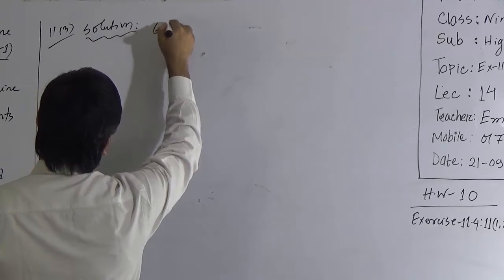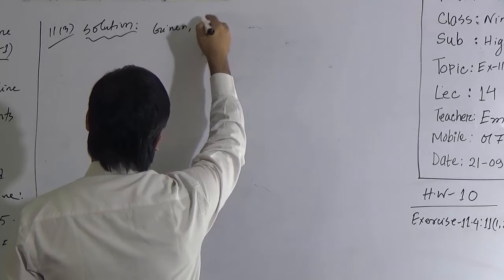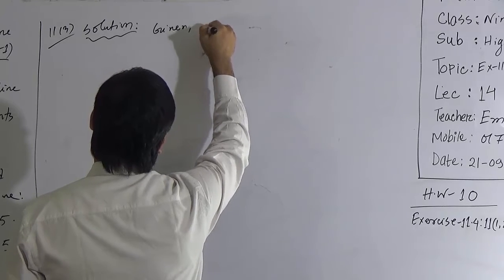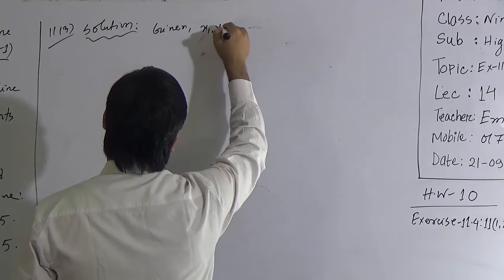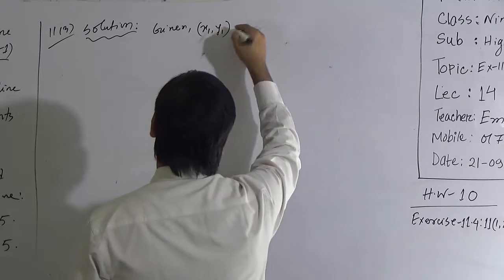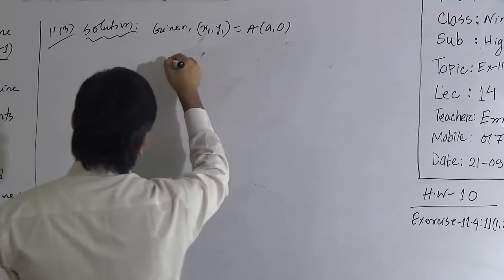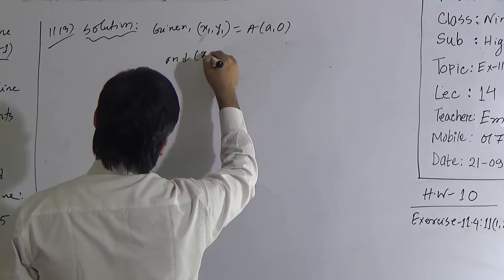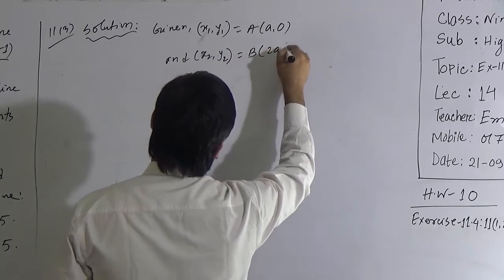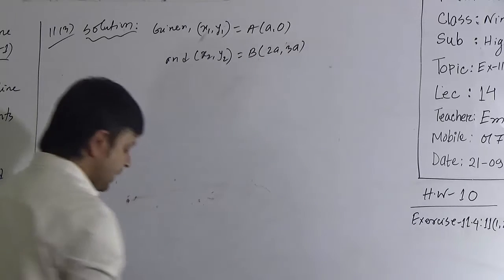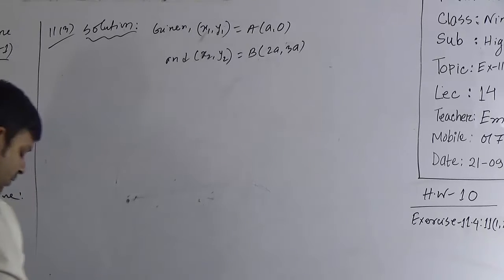Given a point x1, y1 that is equal to A, 0, and another point x2, y2 that is equal to B, that is 2A, 3A. These 2 points are given. We need to determine the equation of straight line.